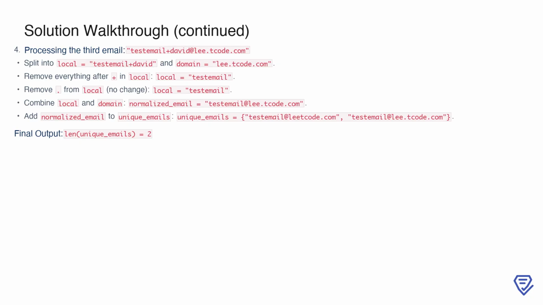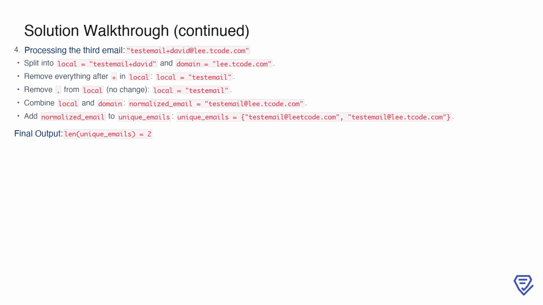Splitting this email gives us the local part, testemail+david, and the domain, lee.code.com. Removing everything after the plus results in testemail. Since there are no periods in this local part, it stays as testemail. Combining the local and domain parts gives us the normalized email, testemail@lee.code.com. This email is new, so we add it to the set, which now contains two unique emails, testemail@leetcode.com and testemail@lee.code.com.